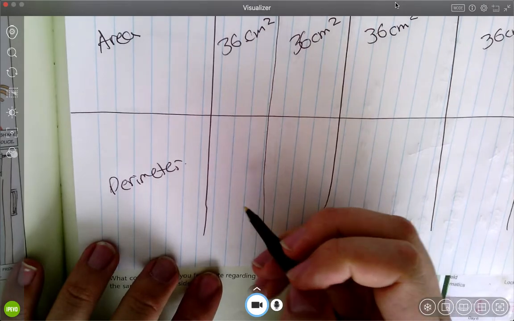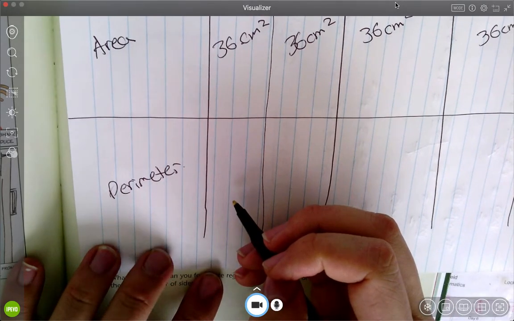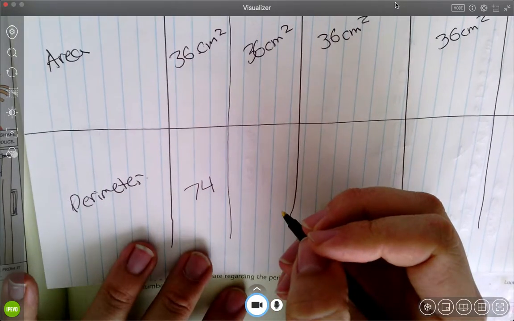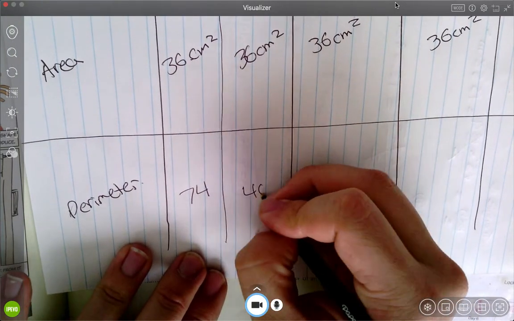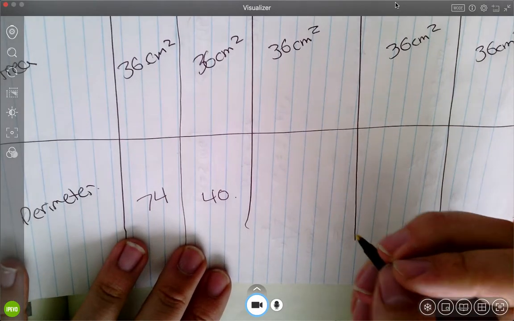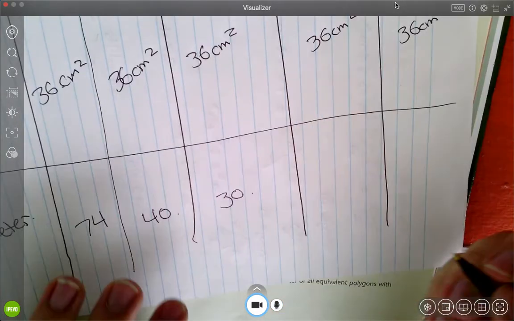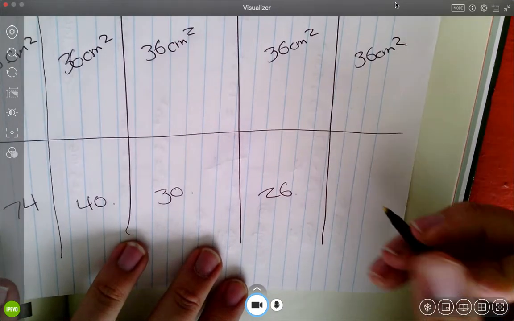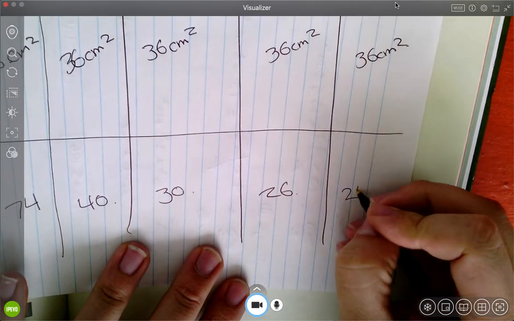Here, the perimeter was what in shape A? 74. In B, 40. C, 30. D, and E, 24.